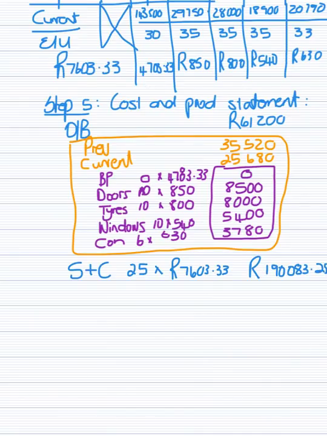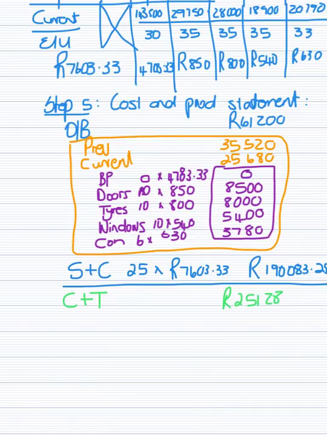Right, opening balance plus units started and completed gives me units completed and transferred. So it's 251,283 rand and 25 cents.